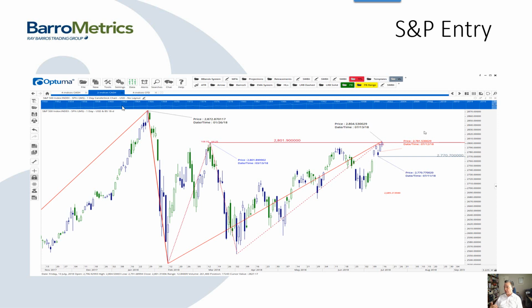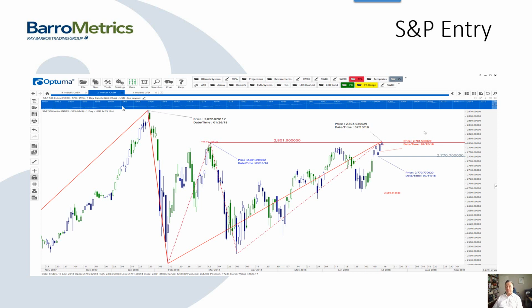That low on Thursday should not happen. So that low's coming in at 2781. So if we break below 2781, it would be a sign that the market would then go on to accept below 2770. So that's one way of reducing the size of the stop.